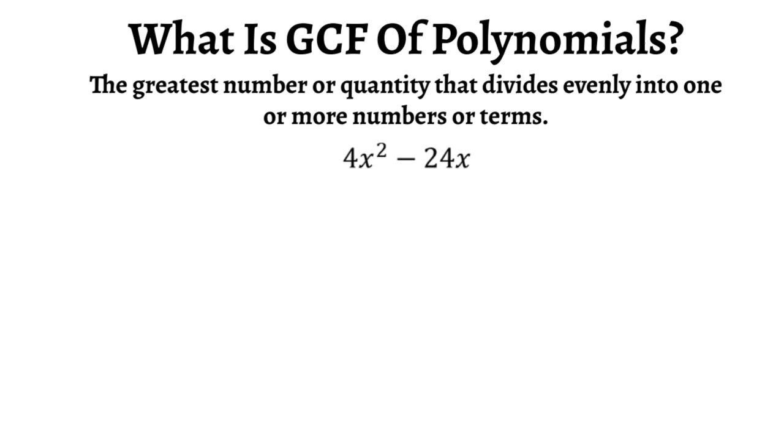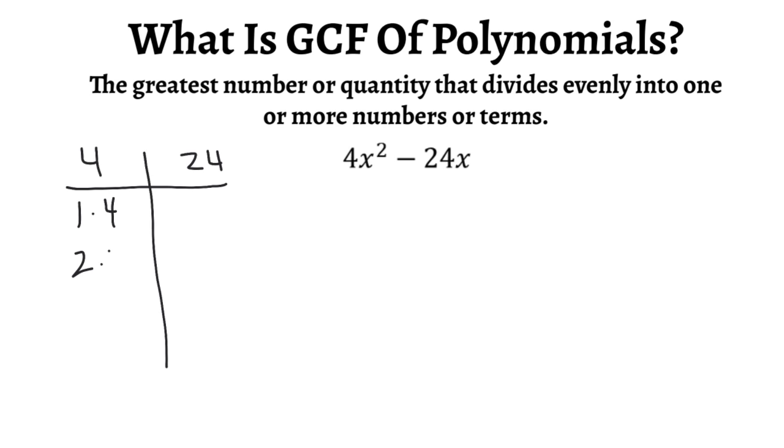If you want, you can make a list on the left of the factors of 4 and the factors of 24. 4 is 1 times 4 or 2 times 2. 24 has more because it's a bigger number: 1 times 24, 2 times 12, 3 times 8, 4 times 6.